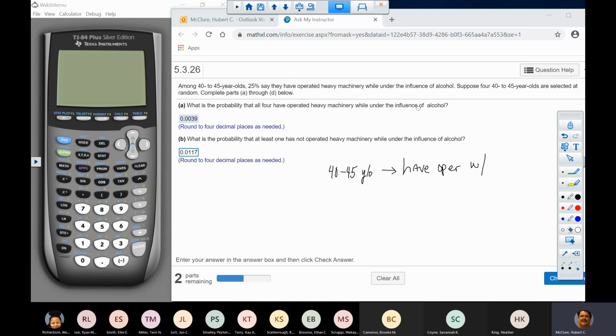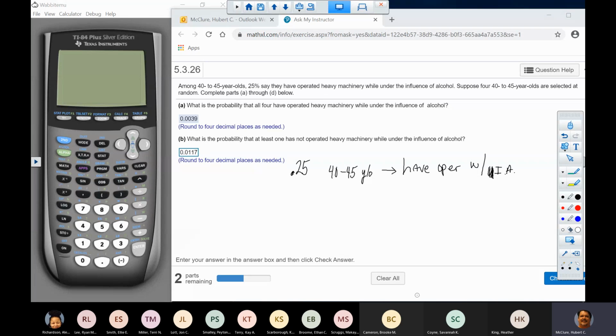What do you call that? Under the influence of alcohol. UIA. Under the influence of alcohol. Is that not scary? Then what is the 25%? 25% say that they have.